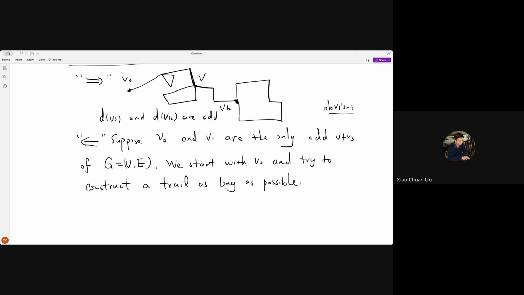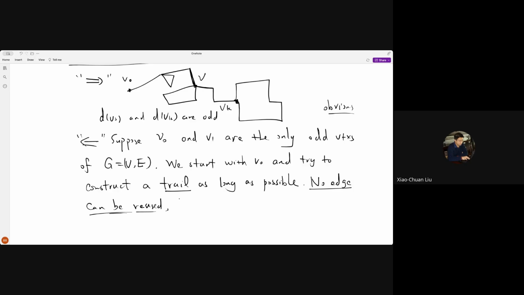Okay, so no edge can be reused, to have this condition. So it has to be a trial. Well, it cannot be a general walk. So this is contained in the definition of trial. Okay, but vertices can be repeated. Okay, there's no problem.